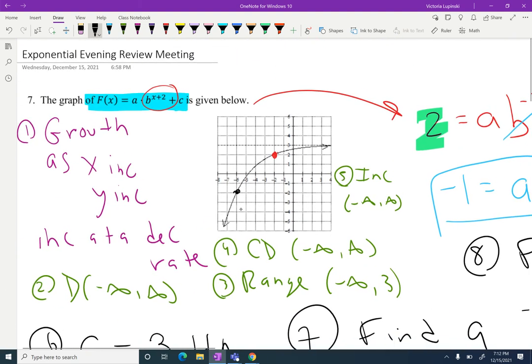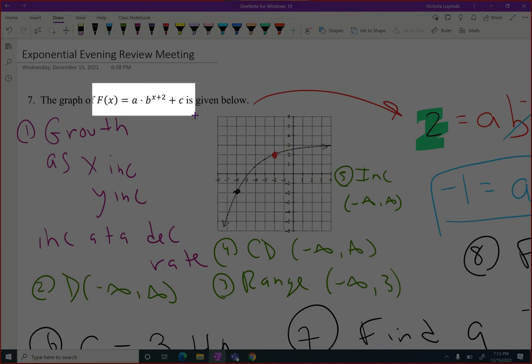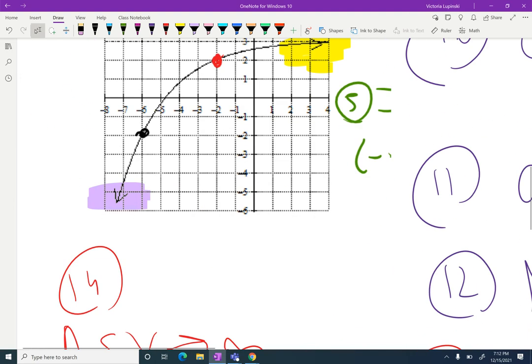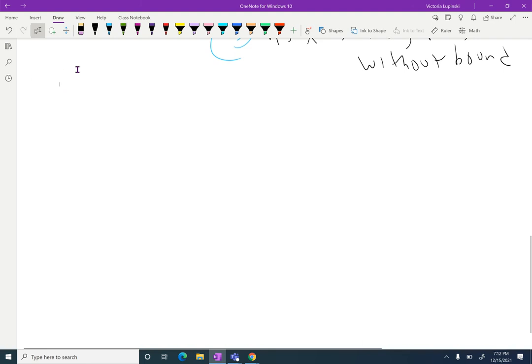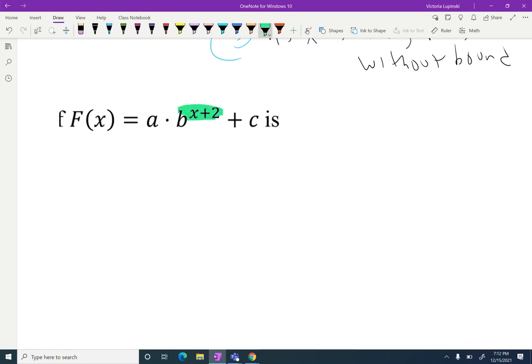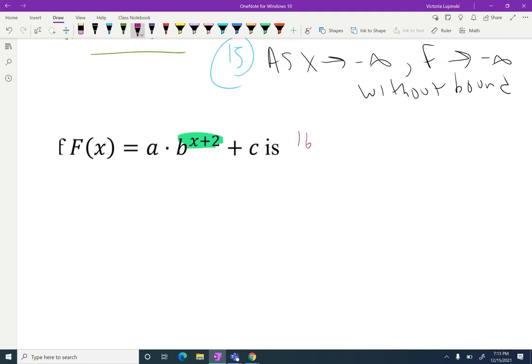So if I go back to my original equation here, and let me just snip that so that I have it, I can say that because of this x plus 2, if I set that equal to 0 and get x equals negative 2, I can interpret that as meaning left 2.